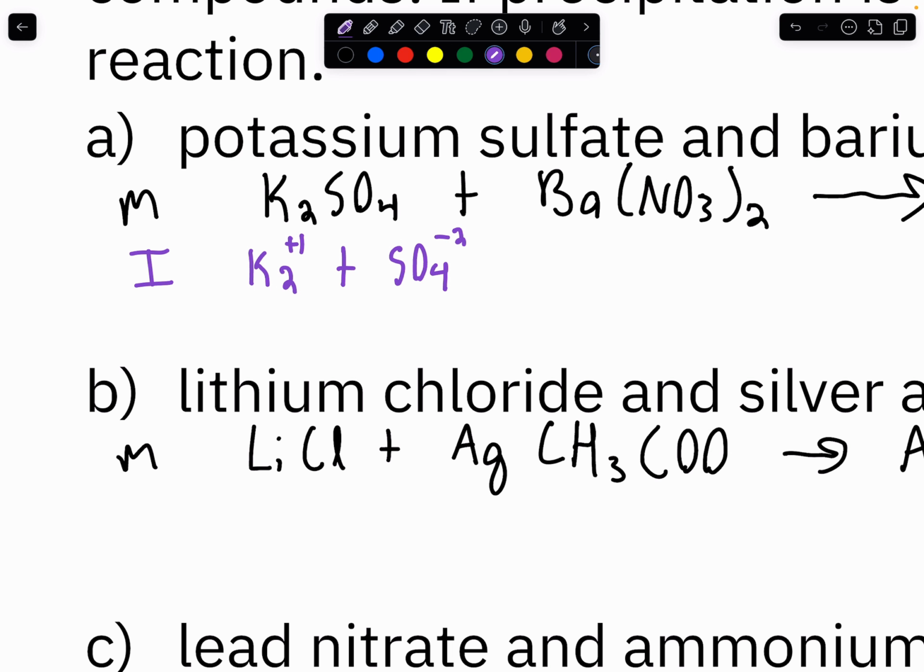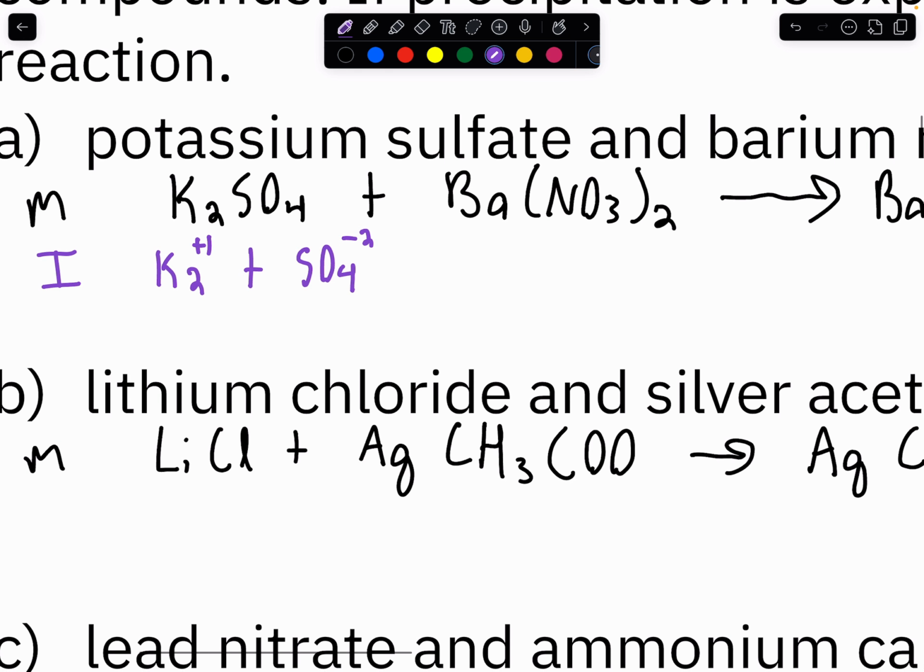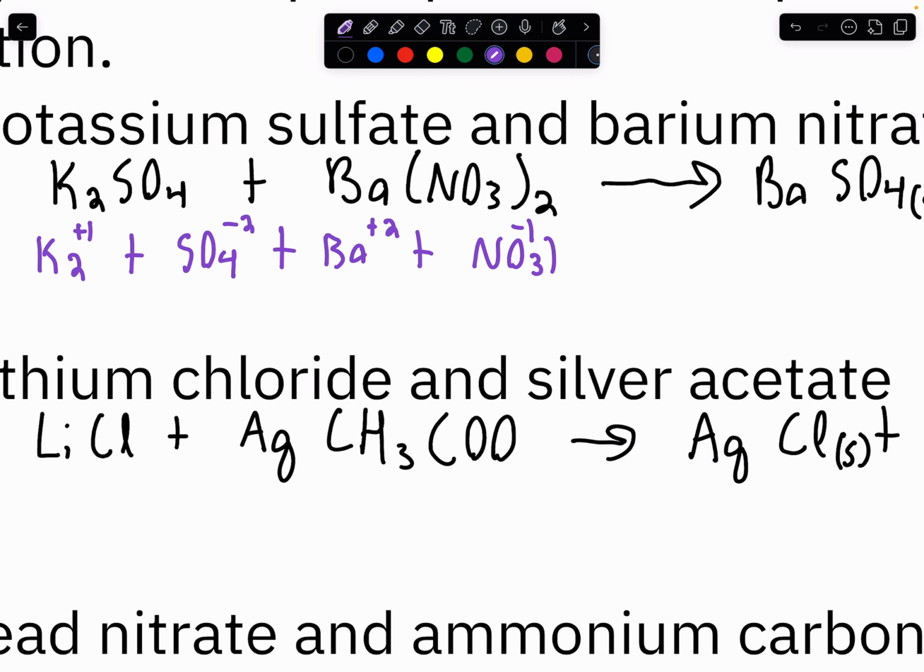I'm just going to put +1 so I don't get confused. We have our barium, which is a +2 ion, which is why our NO3 has a 2, because it's a -1. I'm going to put these in parentheses and put a 2.